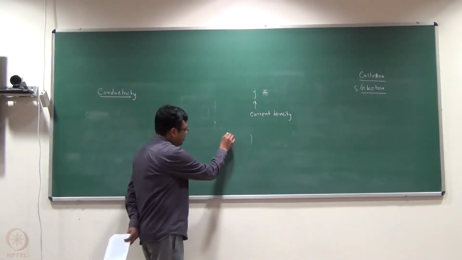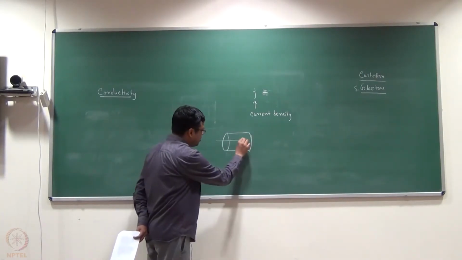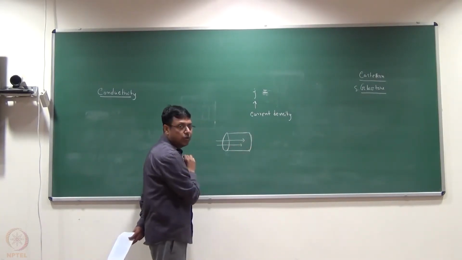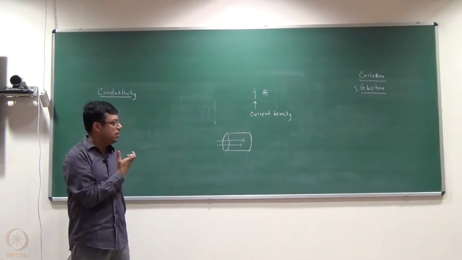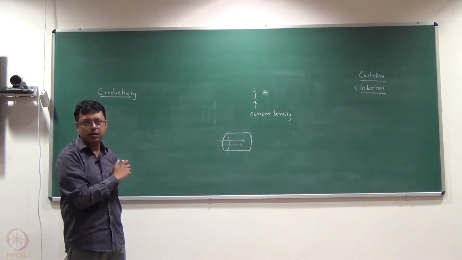Now again, try to think about what is current density. Some of the electrons are flowing in this direction. Current density basically tells you how many electrons are moving per unit time, per unit area, right?